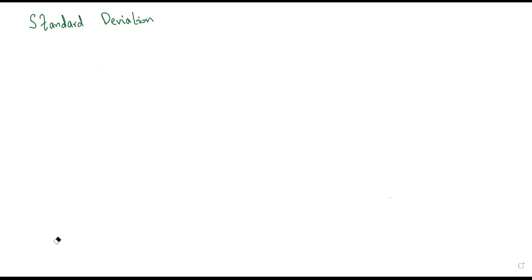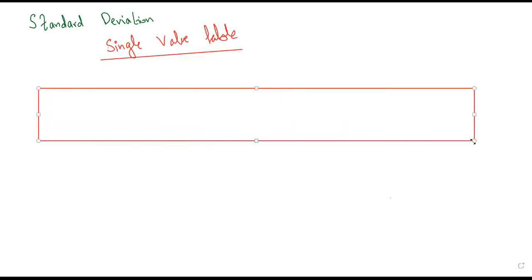Now again, we'll talk about the standard deviation and variation, but this time for a single value table. I'll make a table quickly. When I say single value, it means we'll be having one value of X only.